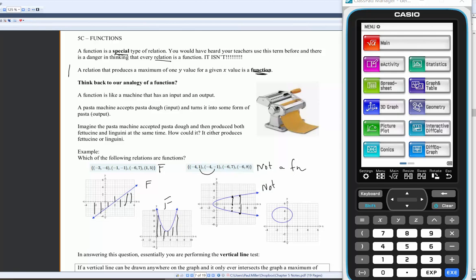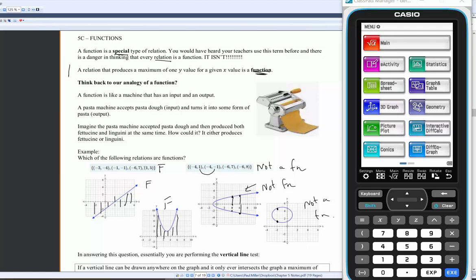This is not a function. There's nothing wrong with that graph. That's a good relationship, but it's just not a function. The circle is also not a function, because when I put in -2, it produces this y value and this y value. So it is not a function.